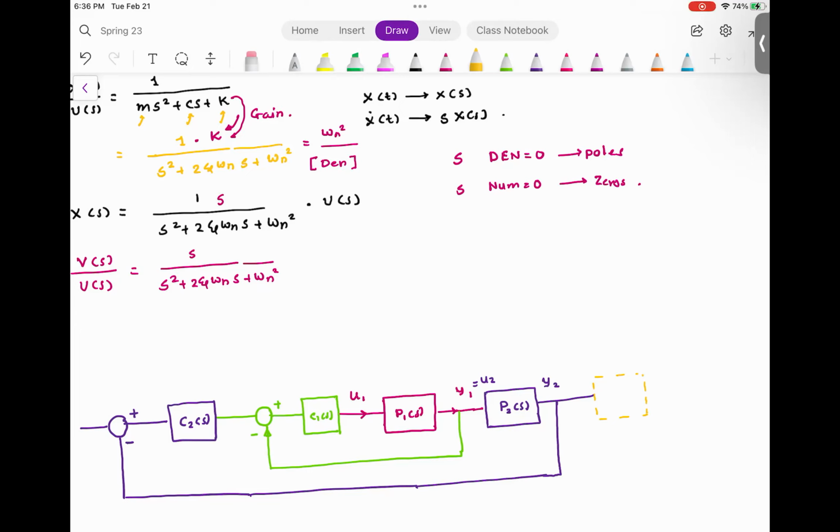So first I'm going to design C1, and you will hear the terms interchangeably. They will call it a controller or a compensator. Typically, controllers in the case of linear control are like proportional integral derivative, PID control.